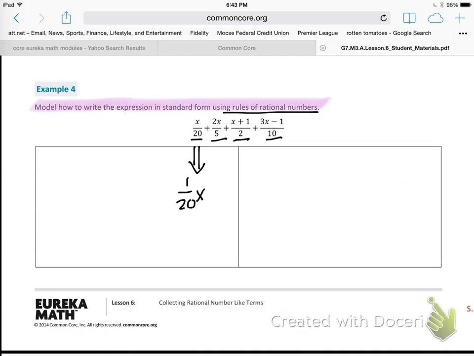And the same here for 2x over 5 could also be written as 2/5 x. Okay, and these are the rules of rational numbers that I was referring to. So just so you know that, and to have that in mind.